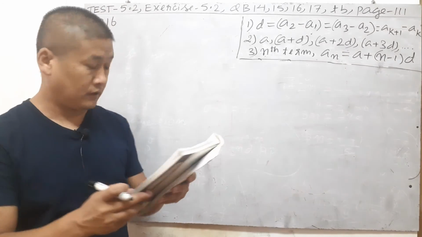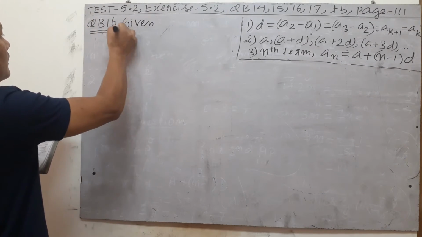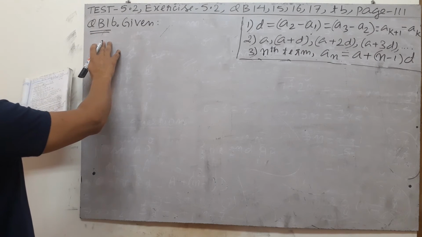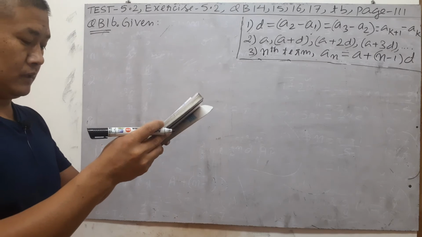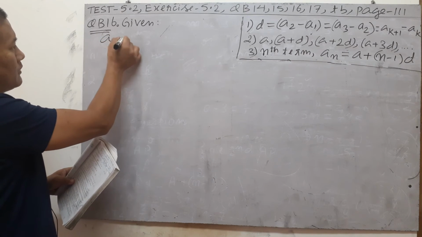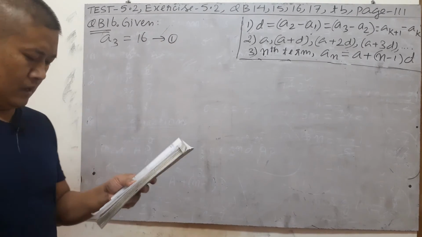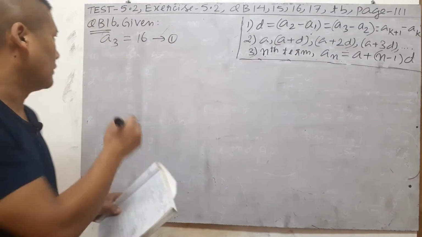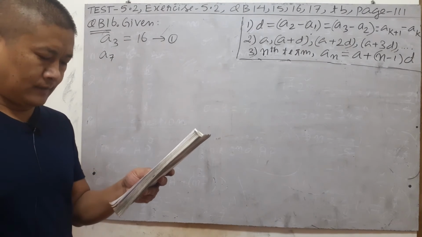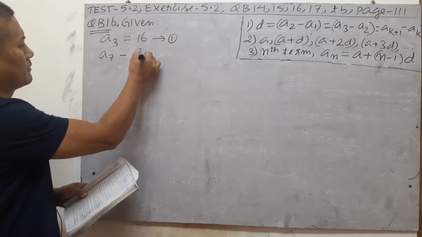Okay, so just listen carefully. Given in this question, the third term is 16, so that means A3 is 16, that's what the question is saying. And the seventh term, A7, exceeds, which means plus, the fifth term, so minus the fifth term.